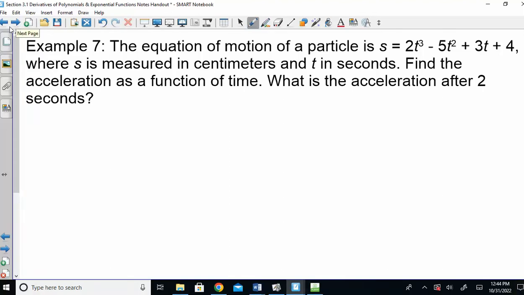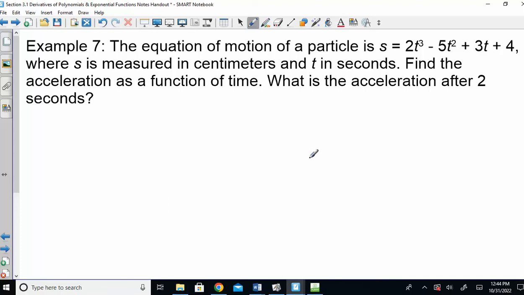The equation of motion of a particle is s equals 2t cubed minus 5t squared plus 3t plus 4. S is measured in centimeters and t is in seconds. Find the acceleration. Okay, so if we have the equation of motion, we have position.